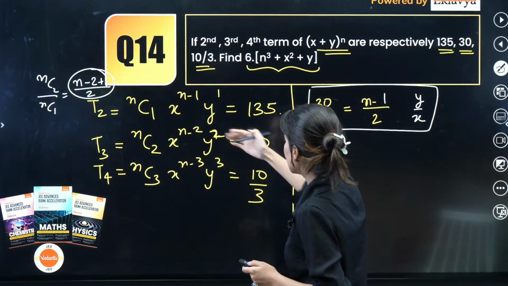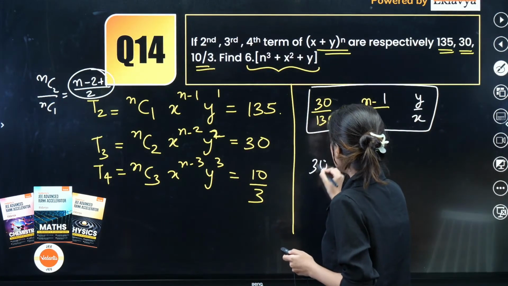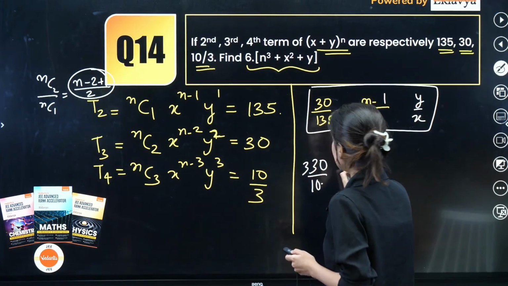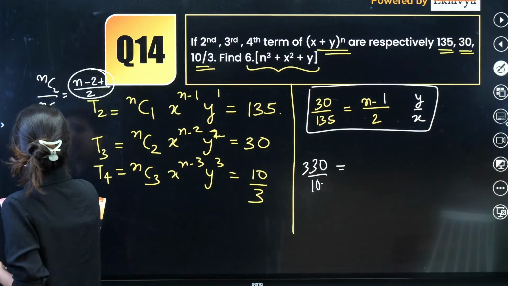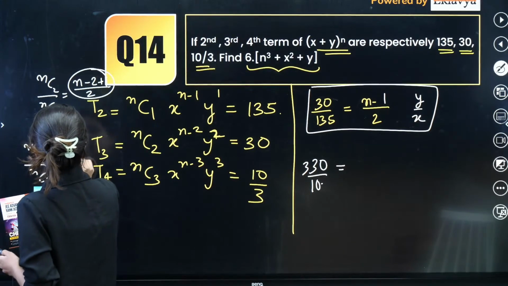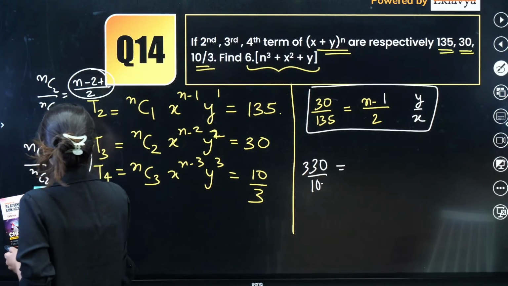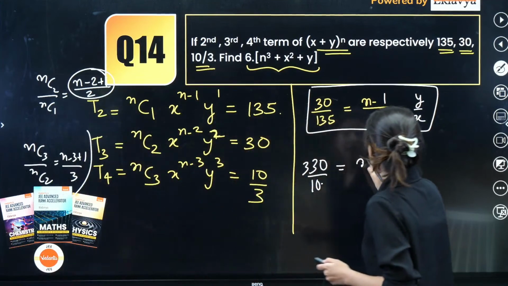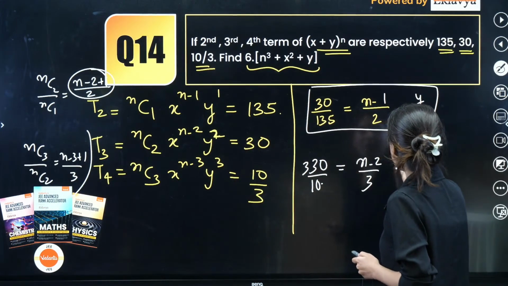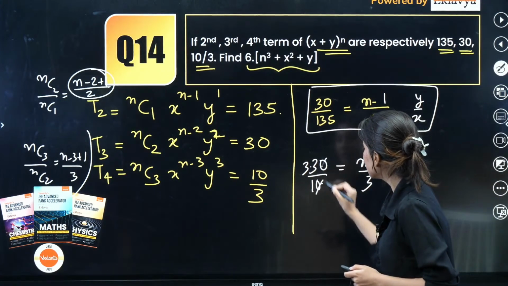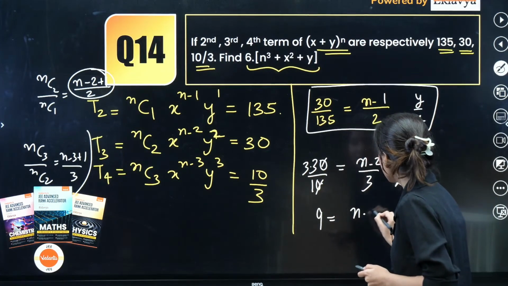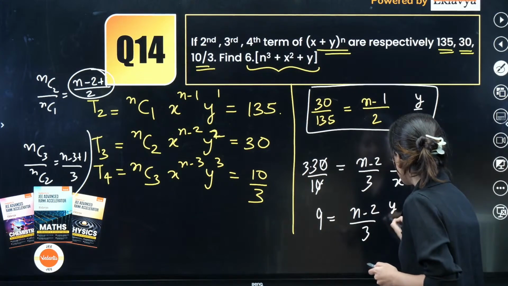What about second? This upon this, wherein 30 upon 10 by 3. This will be equal to NC3 by NC2. So NC3 by NC2 will give me n minus 3 plus 1 upon 3. So n minus 2 by 3, y by x one more time. Right? So this is 9 will be equal to n minus 2 by 3, y by x.